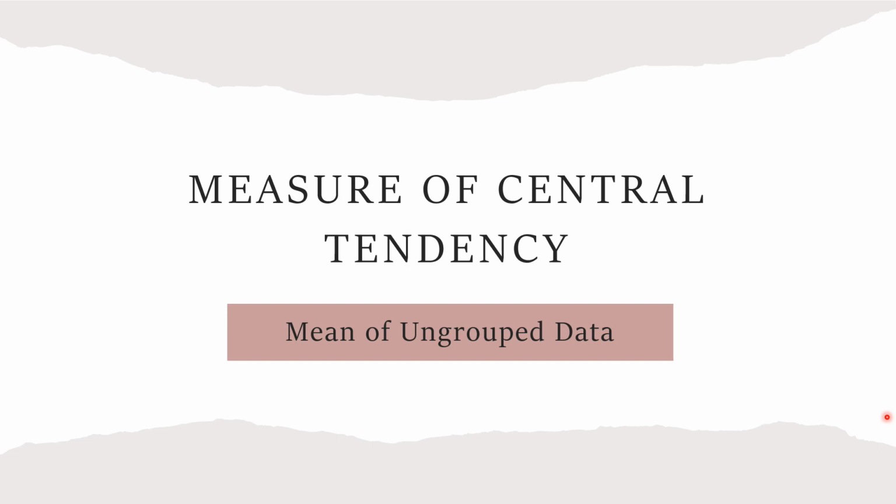The most used measures of central tendency are the mean, median, and mode. So in this video, we're going to focus on examples and solutions in finding the mean of ungrouped data.